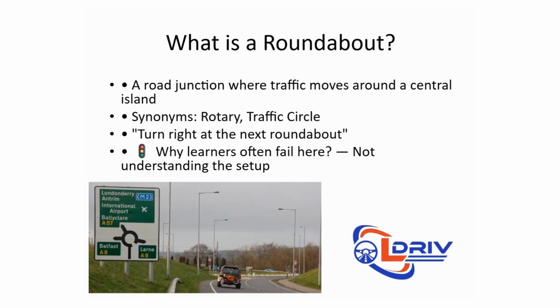This is critical information that solves a lot of problems for a lot of people: knowing what staging is and what staging has to be done, and number two, knowing how to go through the roundabout and what to do when you're going through it. All of that you need to do when you look at this clock.